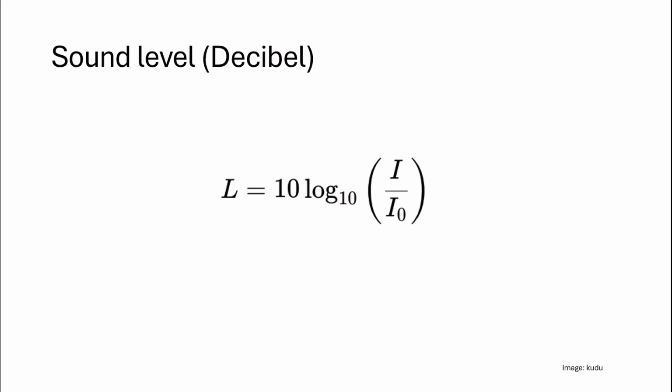This calculation uses a logarithmic scale, which simplifies the comparison of sound intensity, especially when the differences are very large. Using decibels, it is also possible to measure the effectiveness of noise-cancelling technology by determining how much the sound level is reduced compared to the original noise intensity.